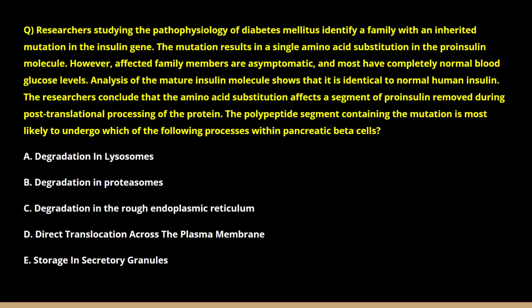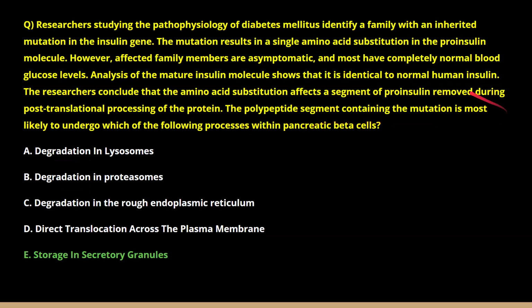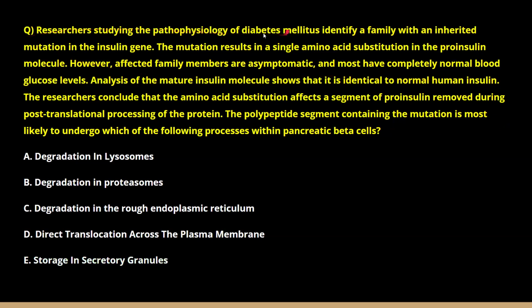Okay, so that's good enough. The answer is E. All right, so let's go over the question, okay? The question asks about researchers studying the pathophysiology of diabetes. All of this is fine, but the main thing they're asking is in the last statement: the polypeptide segment containing the mutation is most likely to undergo which of the following processes within pancreatic beta cells?